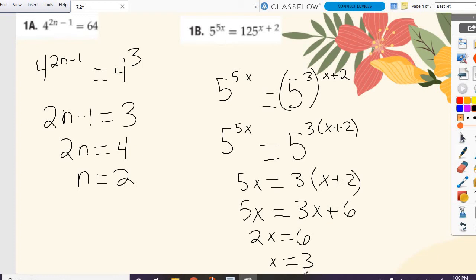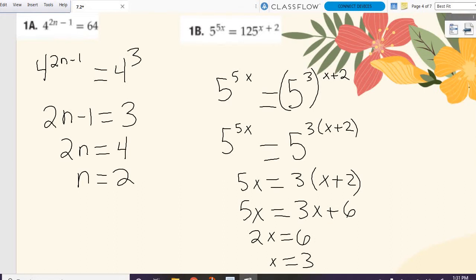Now, like I said, there might be some instances where we have to rewrite both of our bases. So if we had something like 4 to the x equals 8 squared, well, notice that I can't write 8, which is my bigger base, as something with a 4.